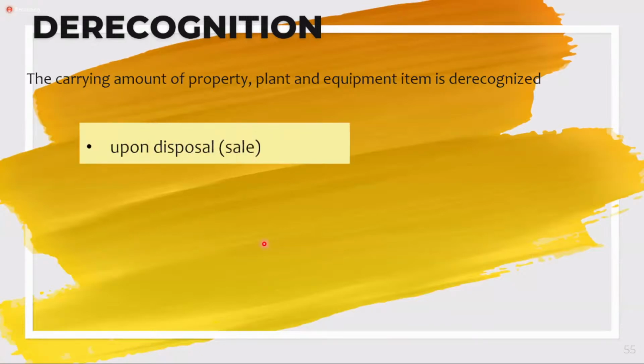Number 1, the carrying amount of the property, plant, and equipment item is derecognized upon disposal, meaning upon sales of the asset, bila asset itu dijual, ia perlu dikeluarkan terus daripada fixed asset register, from the records.